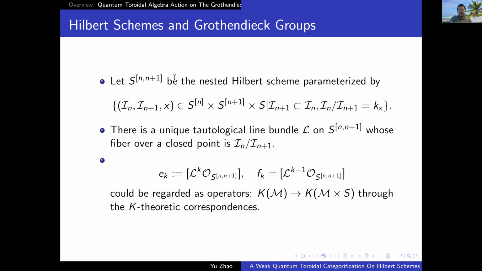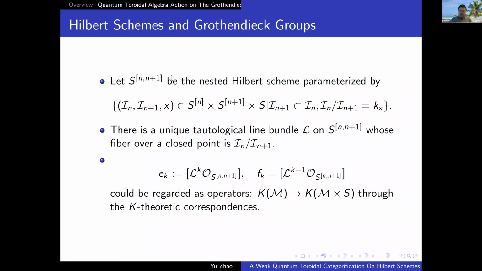Because their difference is only 1 point, there is a unique tautological line bundle on the nested Hilbert scheme, whose fiber over a closed point is the quotient of these two ideal sheaves. We can regard this line bundle as a correspondence from the Hilbert scheme of points to the Hilbert scheme of points times S. So here, E_k and F_k look the same, but the difference is that E_k maps the Grothendieck group of S^[n] to the Grothendieck group of S^[n+1], and F_k maps the Grothendieck group of S^[n+1] to the Grothendieck group of S^[n].